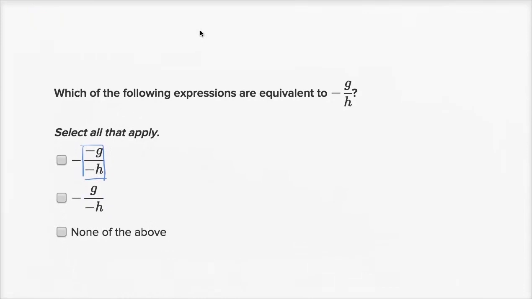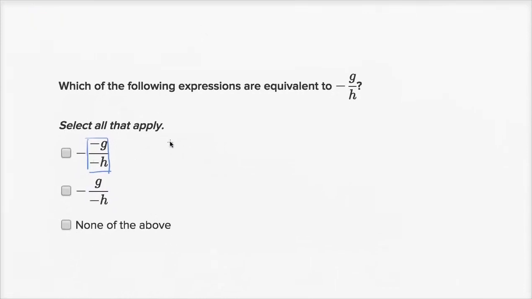So negative g over negative h is the same thing as g over h, and then you still have this negative out front. So this one right over here is actually equal to negative g over h. One way to think about it: negative divided by negative is a positive, and you still have this negative out here. So that's the same thing.